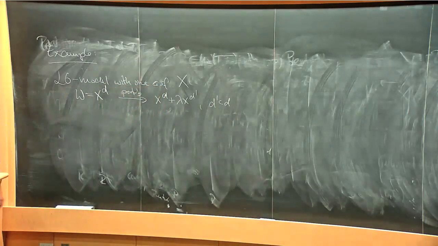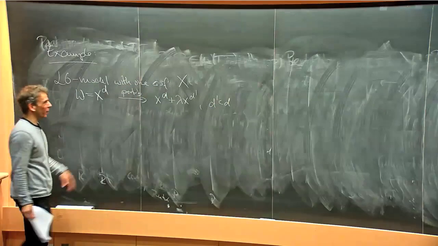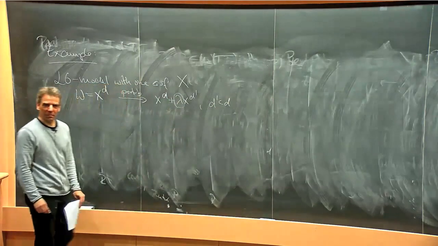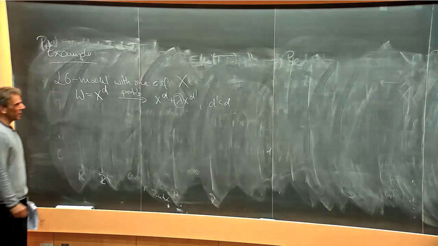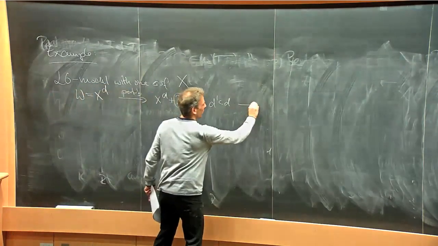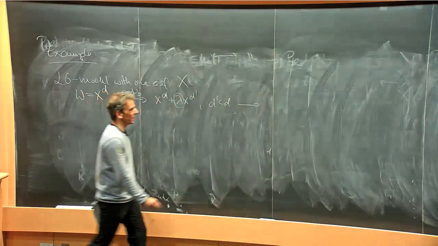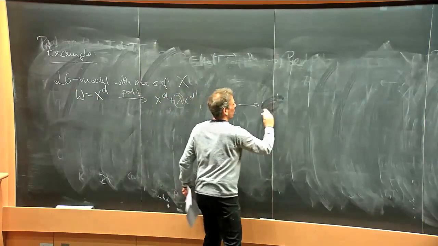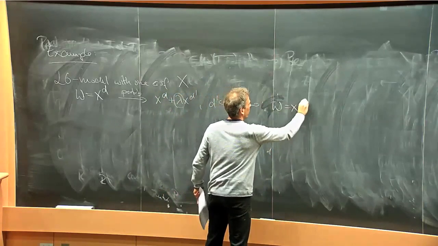And then you have a renormalization group flow, and the renormalization group flow in this perturbation will drive this constant here to infinity in the infrared. So if you follow this renormalization group flow until the end, you get to x to the d prime, so a theory with W equal x to d prime.